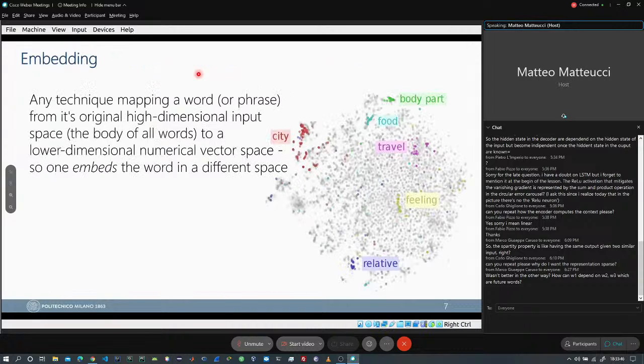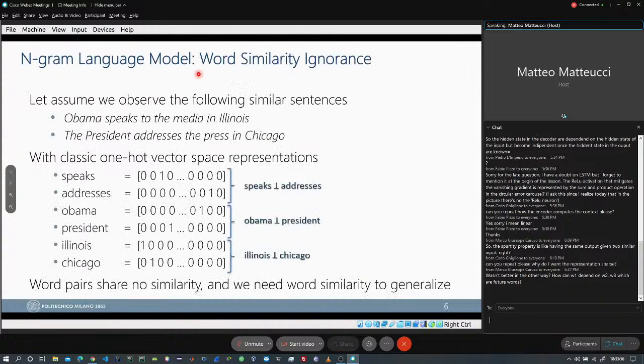How to solve this? The idea that was proposed is to take these words in a sparse space of high dimensionality, transform this space into a lower-dimensional dense space, and see if by doing this we could solve the n-gram language model.